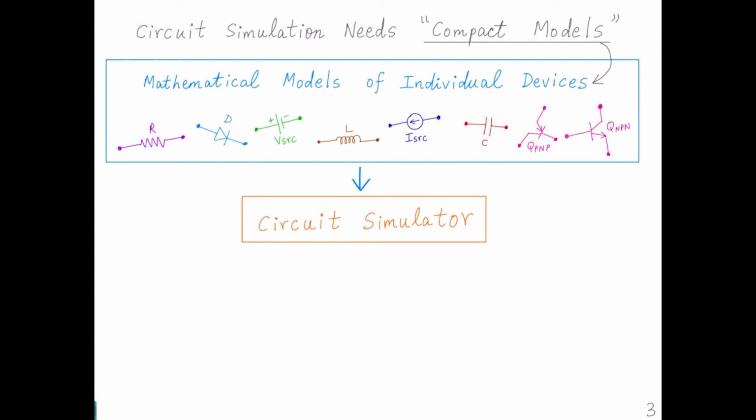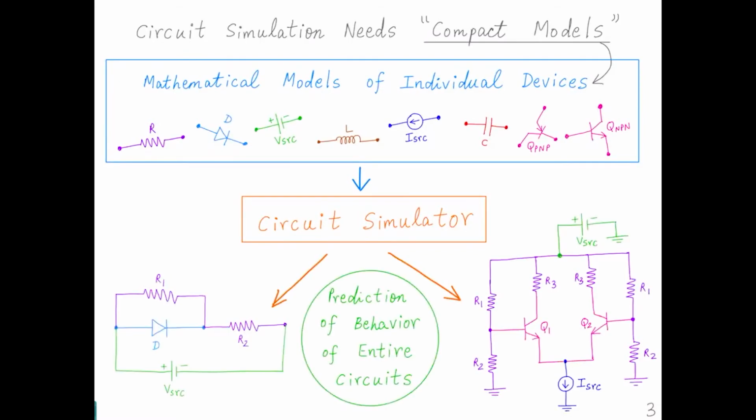You have resistors, diodes, capacitors, voltage sources, transistors, any kind of component that can go inside the circuit. There is a mathematical model for it that is already coded into the circuit simulator. And once the circuit simulator has these models for the individual devices, you can use it to predict the behavior of circuits as a whole that use a combination of these devices.